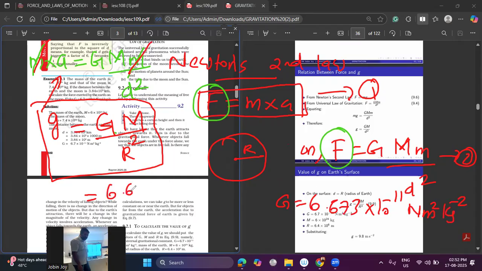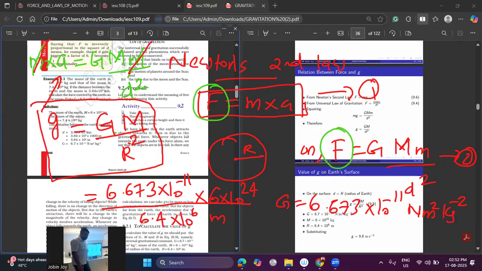So 6.673 into 10 raised to minus 11 into capital M. Capital M is the mass of the earth, 6 into 10 raised to 24 kilogram, divided by the radius of the earth, 6.4 into 10 raised to 6 meter.